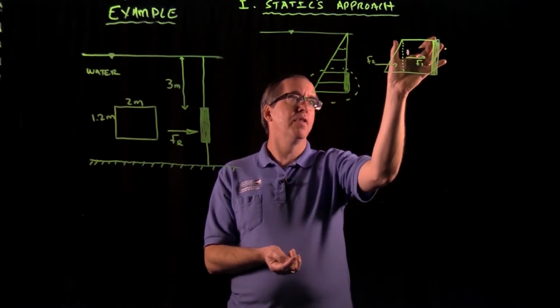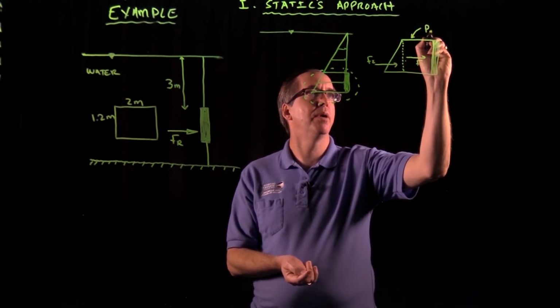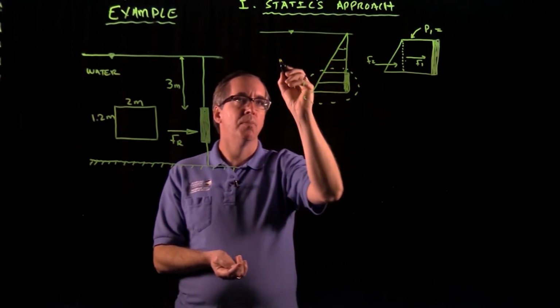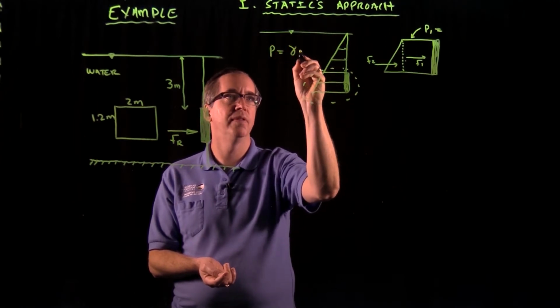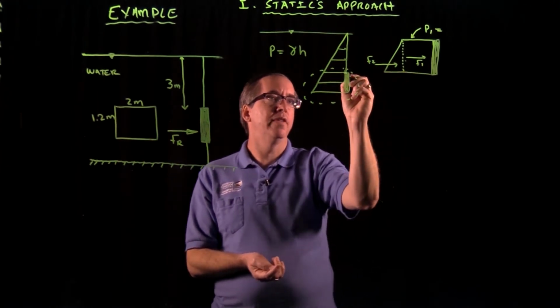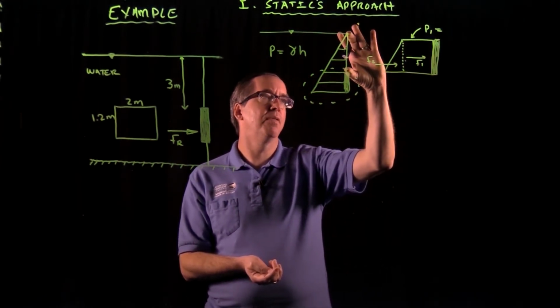Now for the base of this, we need to calculate the pressure at this point. I'll call it P1. As I've just mentioned, pressure is a function of depth, and actually pressure is equal to the specific weight times the depth h. So at the top of this gate here, we're 3 meters down from the water surface.